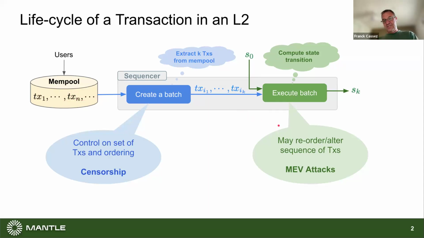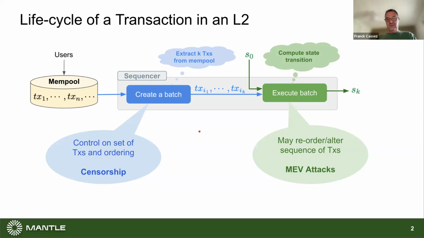Another thing that can happen, which is related to the fact that the sequencer can order transactions as they wish, is that they can create what's called MEV attacks or toxic attacks or manipulation. I'll describe what MEV attacks are in the next few slides, but there are two things that can happen, which is censorship and attacks that can be detrimental to users' funds.